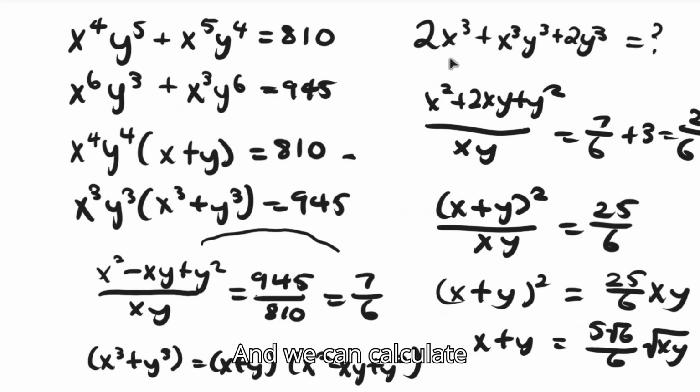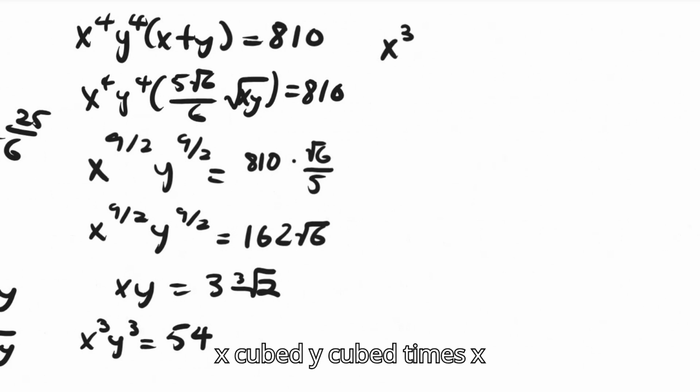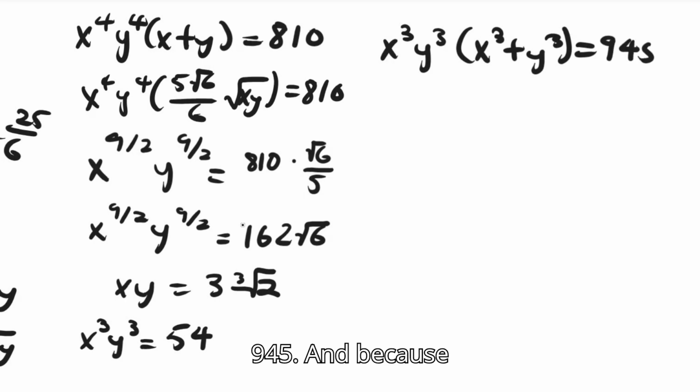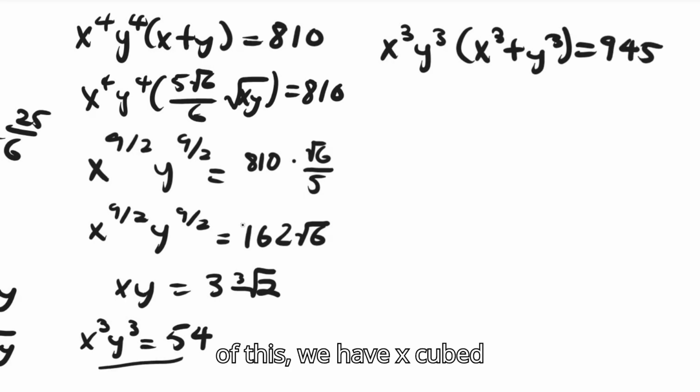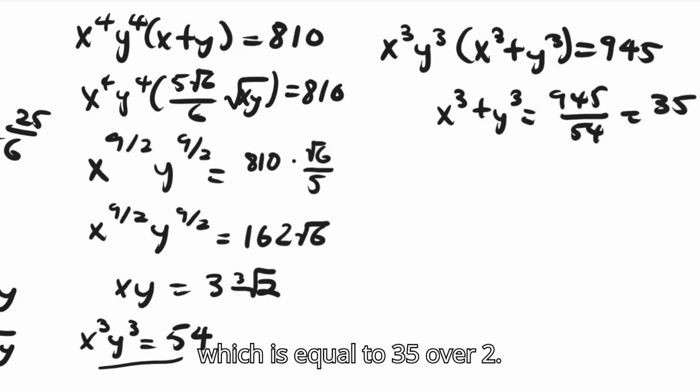And we can calculate 2x cubed plus 2y cubed by using this equation right here. I'll bring it over. x cubed y cubed times x cubed plus y cubed equals 945. And because of this, we have x cubed plus y cubed equals 945 over 54, which is equal to 35 over 2.